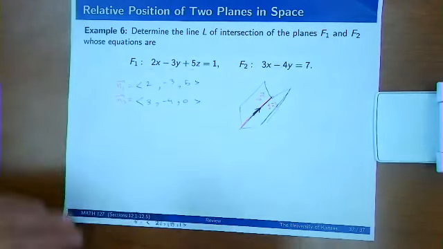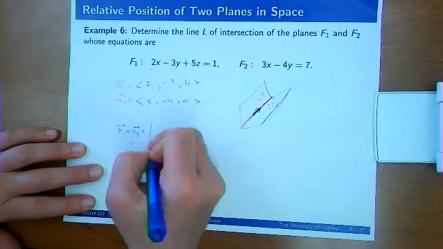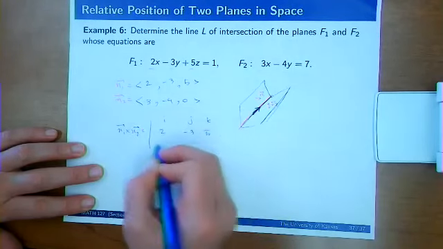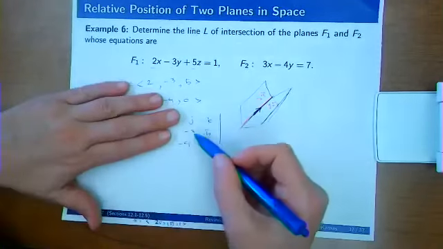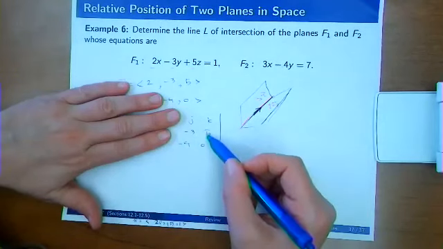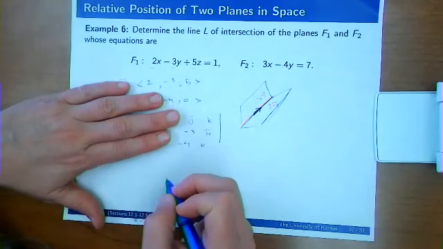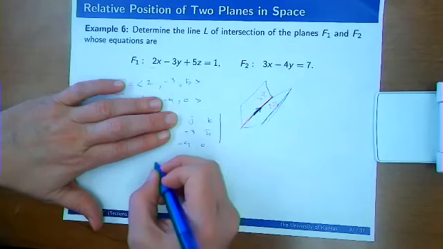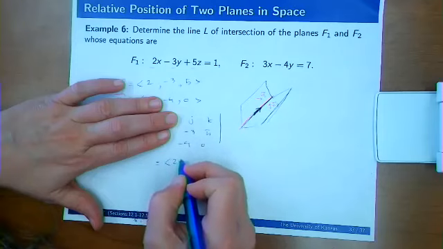And so to cross these together, N1 cross N2, 2, -3, 5, 3, -4, and 0. For I, I get 0 minus 20, which is going to be equal to 20.